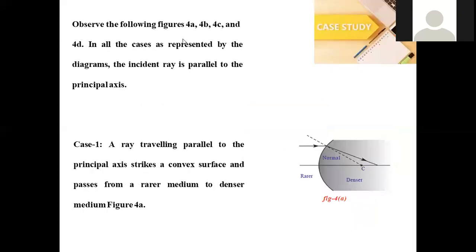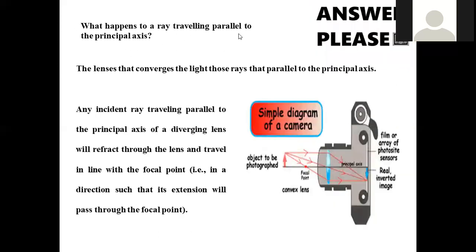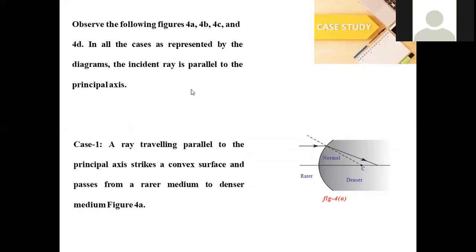And next, 4A, 4B, 4C, and 4D. Here we are going to apply the concept of refraction to 4 different conditions, right? So what are the conditions? 4A, 4B, 4C, and 4D conditions are going to be applied. In all the cases, as represented by the diagram, the incident ray is parallel to the principal axis. Just now we discussed what happens when light travels parallel to the principal axis.